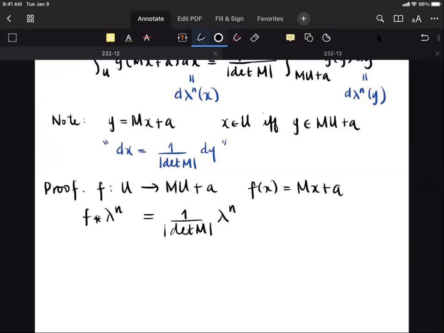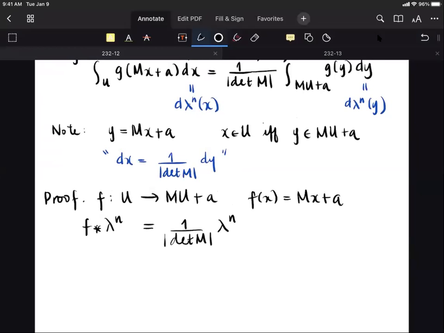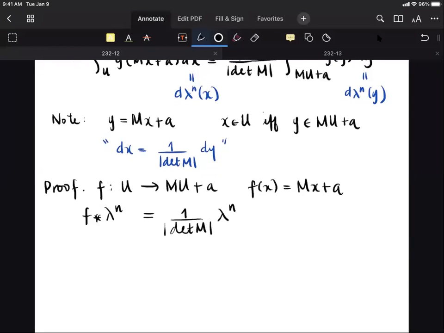So if the function f is this affine function, then the image measure with respect to the Lebesgue-Borel measure is just a scaled version of it, namely the Lebesgue-Borel measure multiplied by the reciprocal of the absolute value of the determinant of the scaling matrix.